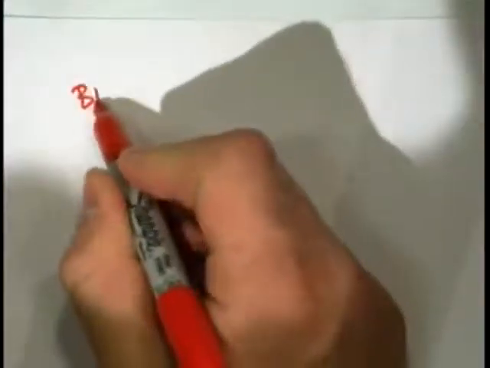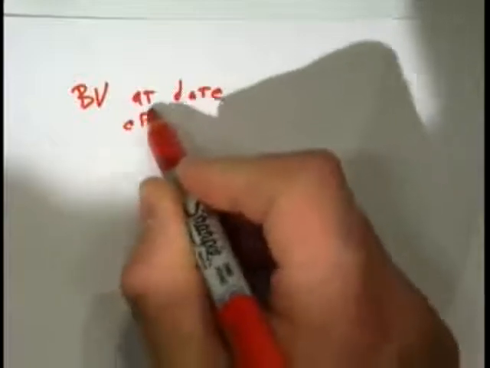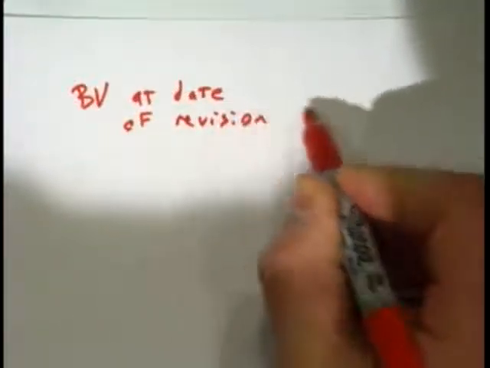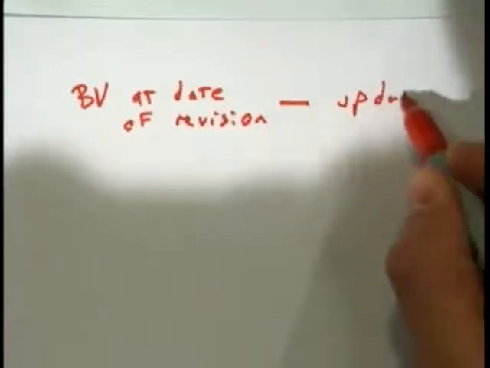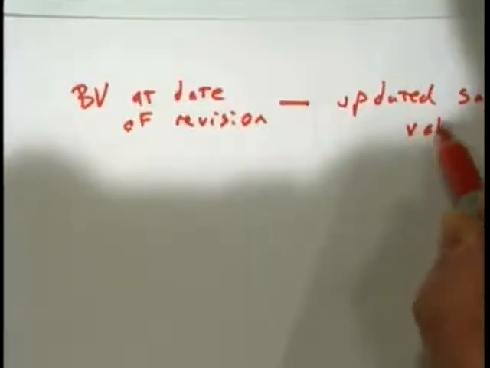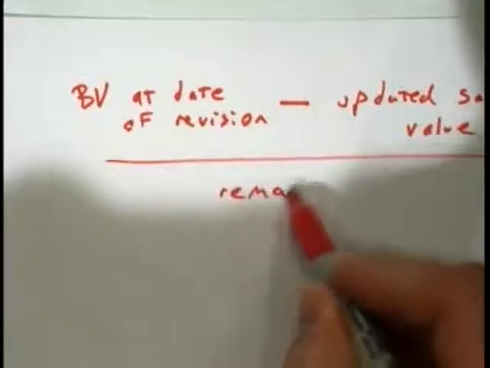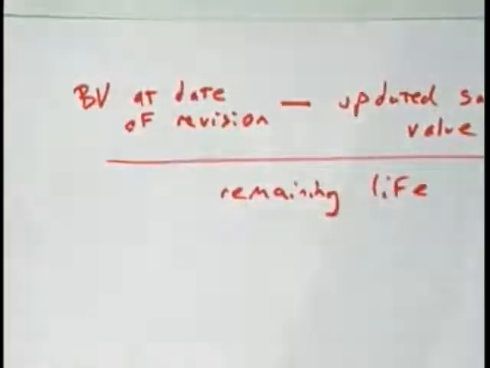When we do revised depreciation, we have to take the book value at the date of revision, minus the updated salvage value, if it's changed, over the remaining life. Is that correct?